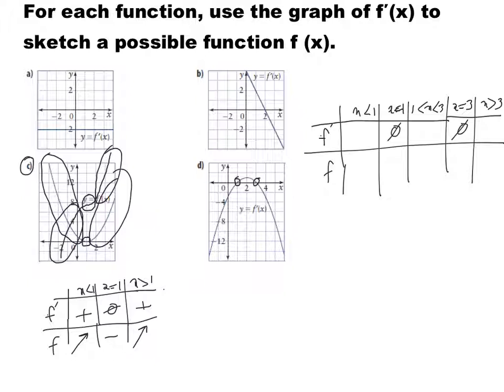When x is less than 1, meaning this region, you can see that f prime is negative. When x is between 1 and 3, which is here, f prime is positive. When x is greater than 3, which is here, f prime is negative.